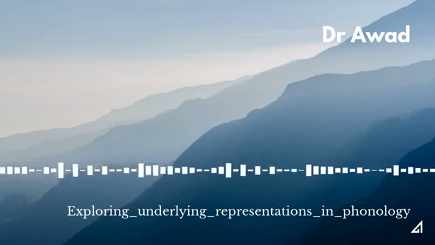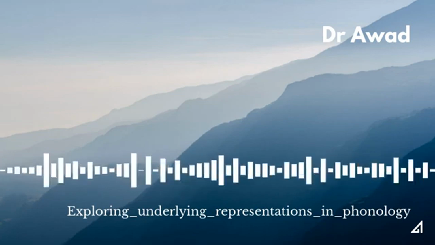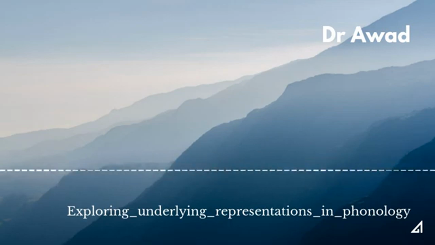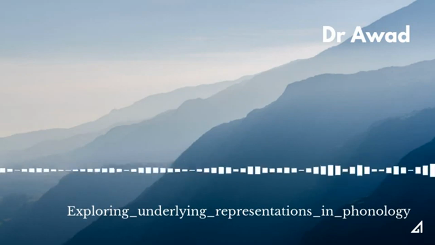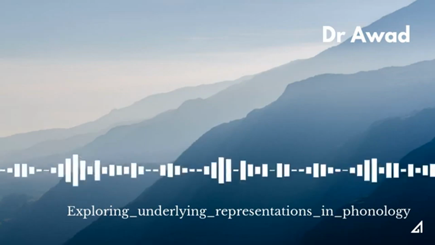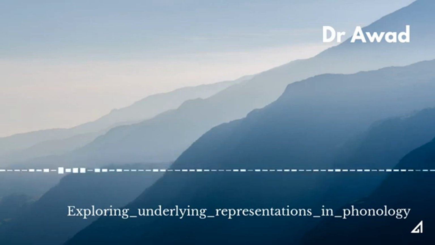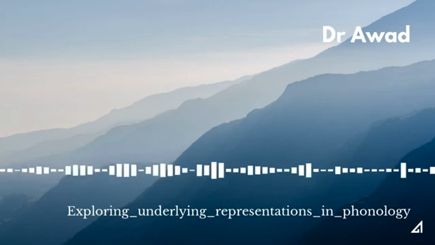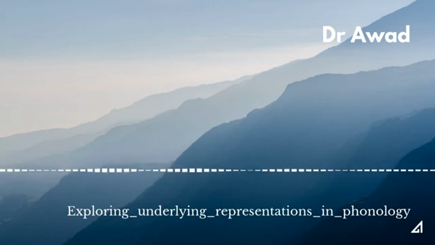And you mentioned earlier that the underlying form also has to account for those consonant shifts in some of those words. Right. Those consonant changes also need a systematic explanation. So the underlying representation has to be, in a way, abstract to capture all these variations. It has to be flexible enough to account for all those changes. Exactly. It's about finding the most general, most efficient way to represent the patterns in the language.